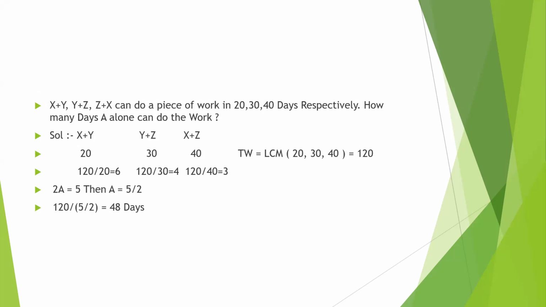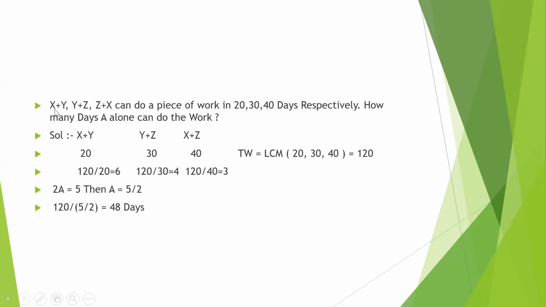Here, two persons' combination of work is given, and we can perform the operation to find how the persons can do the individual work. Now let's see an example so we can clearly understand.